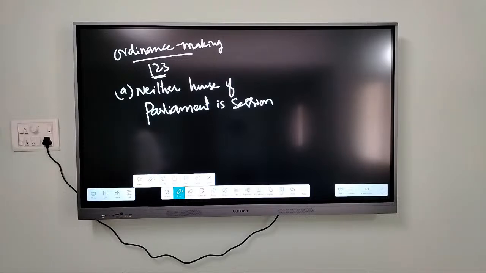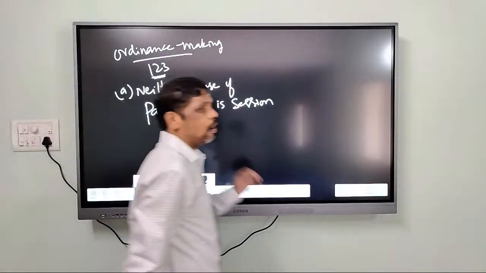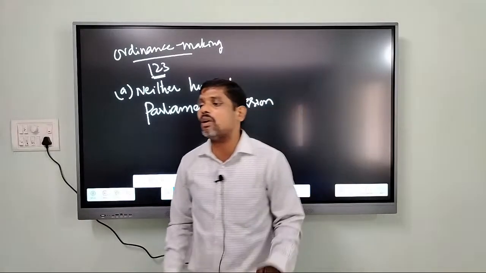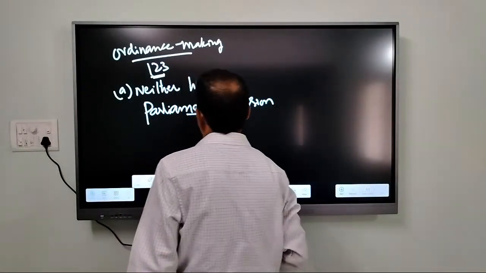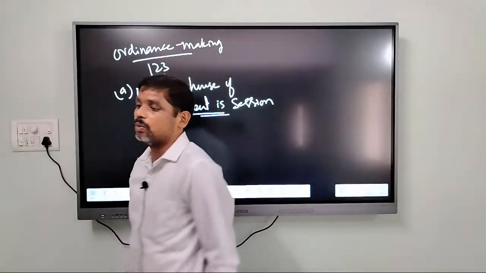If a House of Parliament is in session, either Lok Sabha or Rajya Sabha, whenever a House of Parliament is in session, then in such condition the President is not allowed to issue the ordinance. The President cannot issue the ordinance when Parliament is in session. Alright? So this is what you should remember.